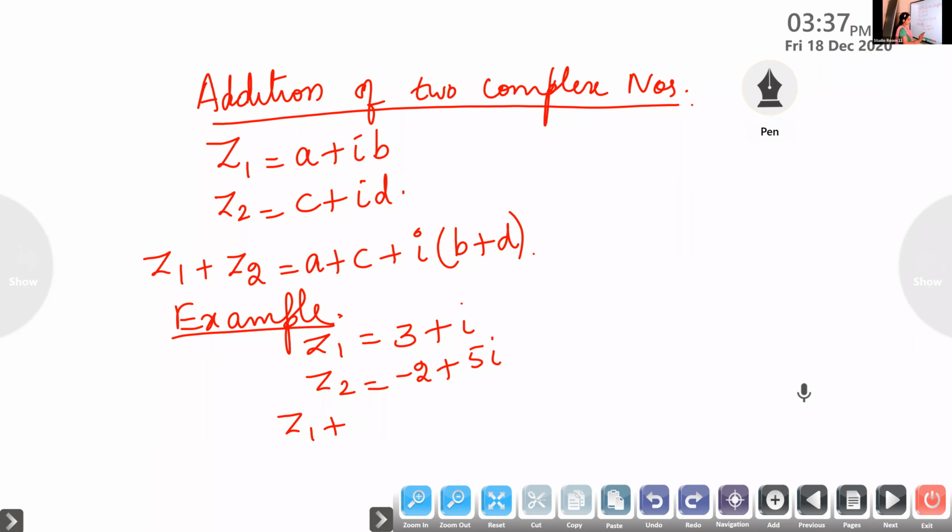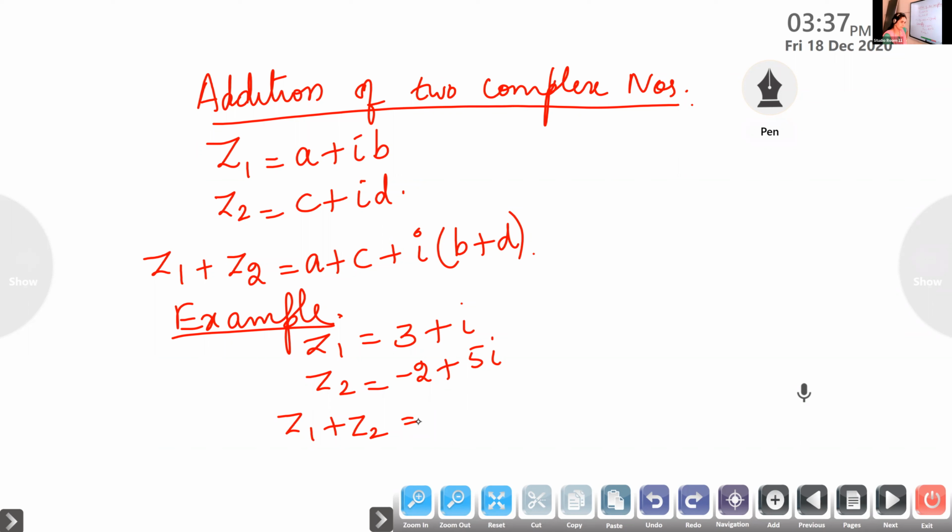What is Z1 plus Z2? Add real part with real part.